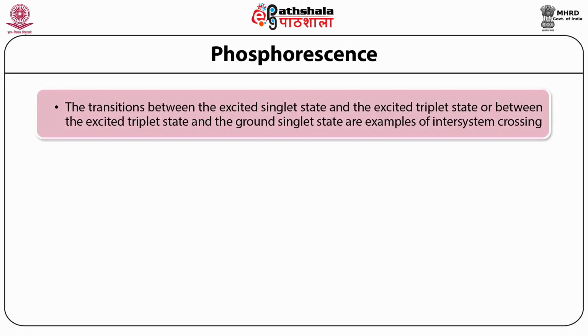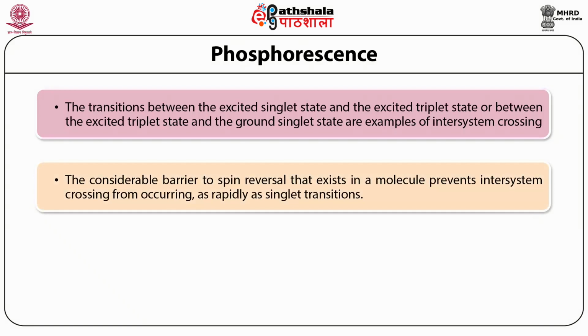The transitions between the excited singlet state and the excited triplet state, or between the triplet excited state and the ground singlet state, are examples of inter-system crossing.